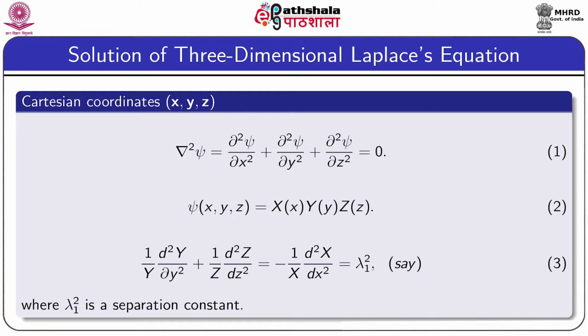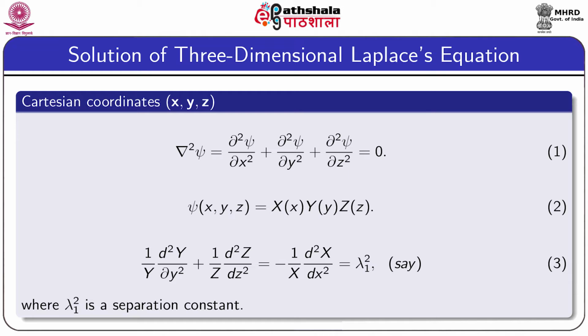That means in this equation we are separating the variable x from the variables y and z. Let lambda 1 square be the separation constant.